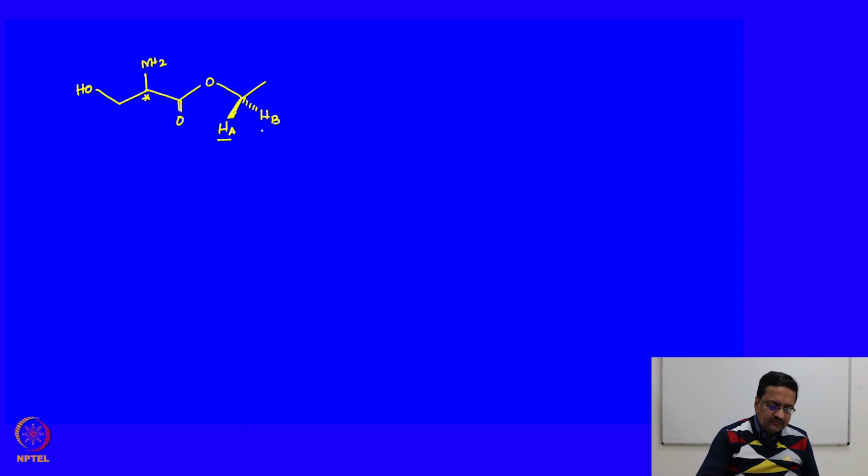Find out the topicity of those two hydrogen atoms, considering the chirality of this, which is not identified. So, it can be both R or S. And then in the next homework, you should try to find out the topicity of these faces.